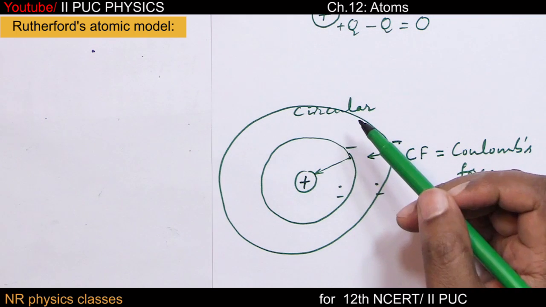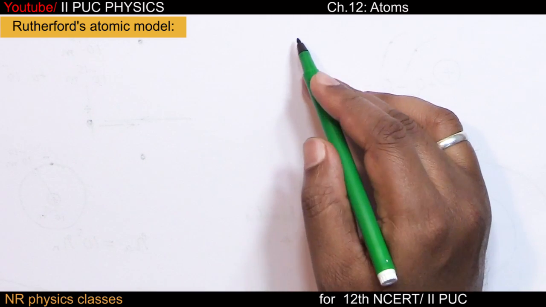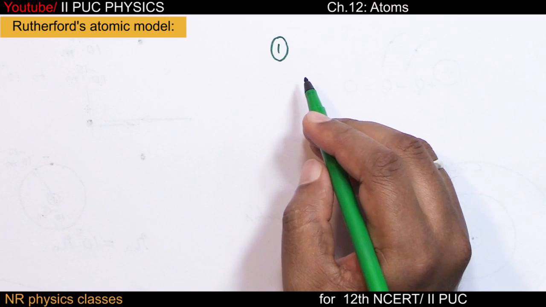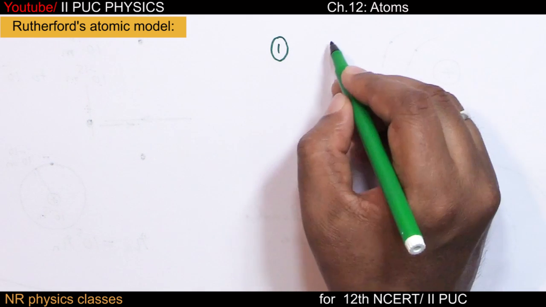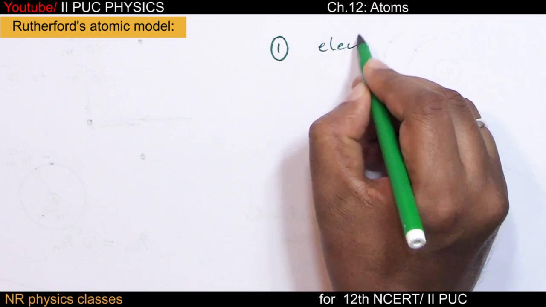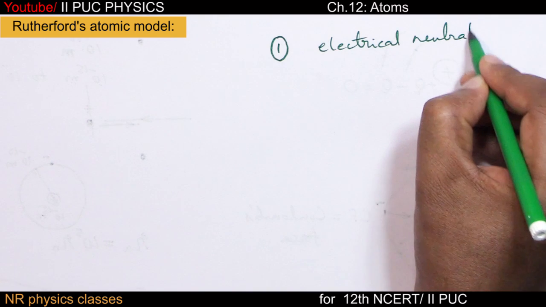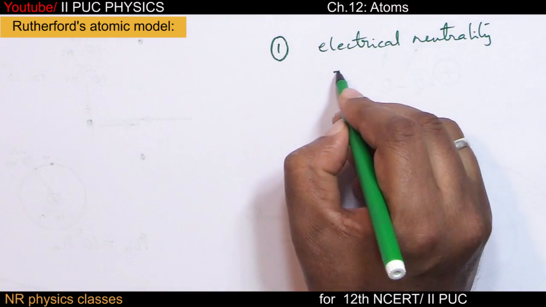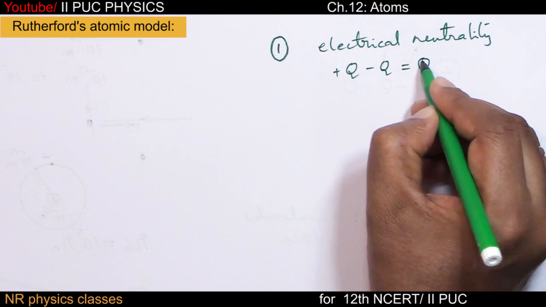Now let us go to the merits of Rutherford's atomic model. The atomic model explained electrical neutrality. Yes, true. Because net positive charge equal to net negative charge means total charge equal to 0.